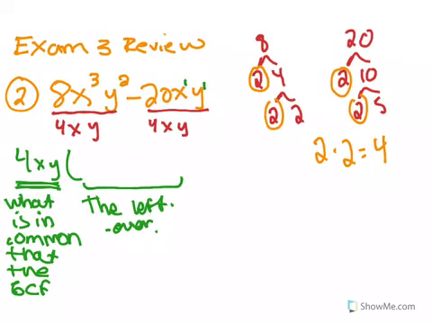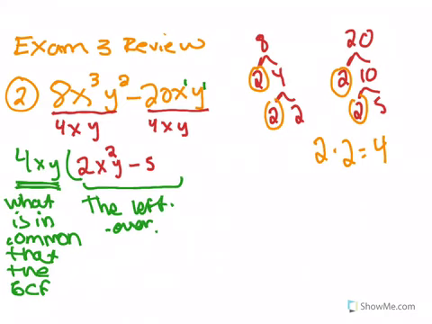8 divided by 4 is 2. Remember, when you're dividing the variables, you subtract the exponents. So you're left with x squared, and then take away 1 from 2, you get 1. Now, 1 minus 1 is just 0, and for the y, 1 minus 1 again is 0.